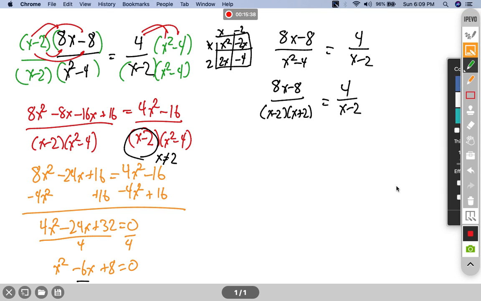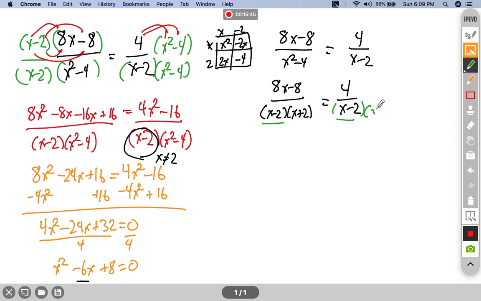Now when I look to find my common denominator, I have an x minus 2 on both sides. I just need to have an x plus 2 over here. So instead of multiplying both equations and getting a huge denominator, I could just leave this one alone and multiply that one.